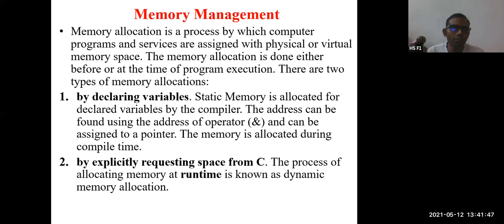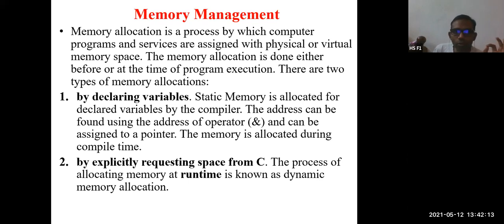Memory allocation is a process by which computer programs and services are assigned physical or virtual memory space. Whenever you execute a program, the memory will be allocated. Physical memory means the memory created on RAM. Virtual memory means the memory created on the hard disk, a secondary storage device. These things you'll study in future semesters.